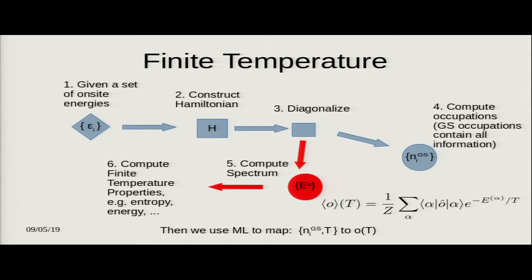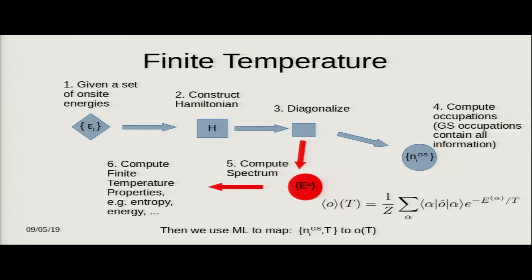So I mentioned at the beginning that we're trying to predict finite temperature properties. The first step to do that is to train a model which will predict the finite temperature properties. To do that, we start off similarly to last time. We take a set of on-site energies, construct the Hamiltonian, diagonalize it, and compute the ground state occupations.